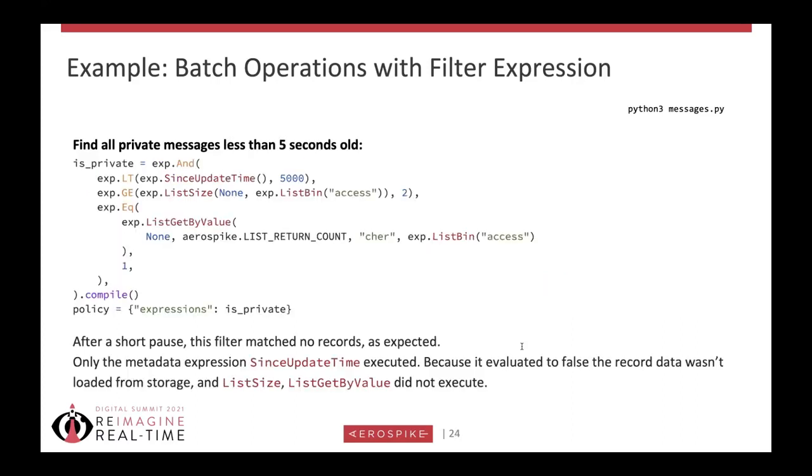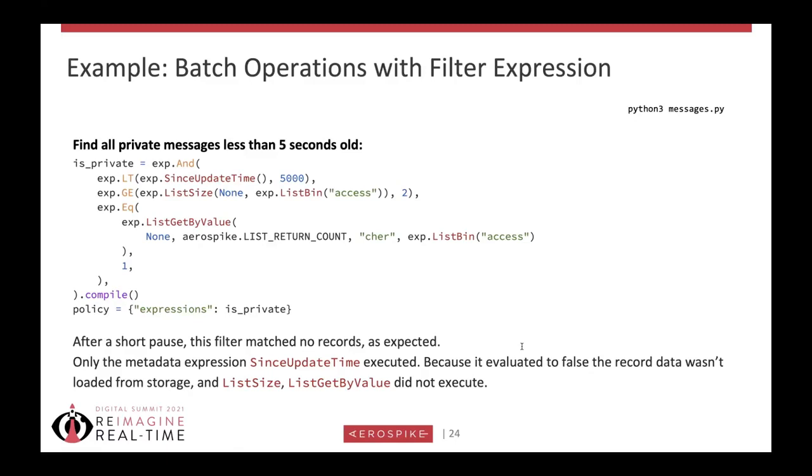The last thing is we're going to find all the private messages that are less than 5 seconds old. And here, because we've been talking so long, this is probably not going to work. So I'm going to skip that in the actual execution. You can run it yourselves later and do it a little faster than I'm doing it now. But let's talk about the filter expression being used. We're going to check for 3 things here in the end.